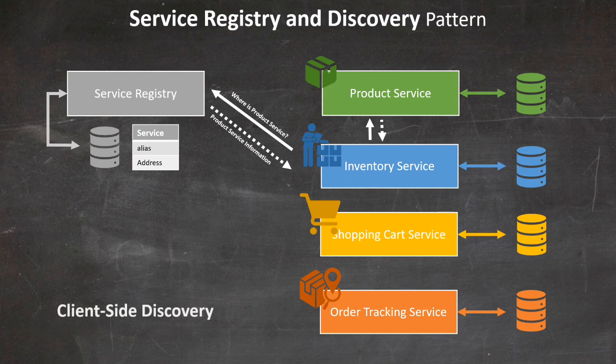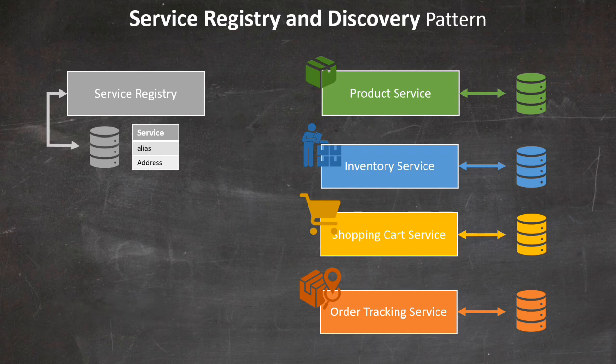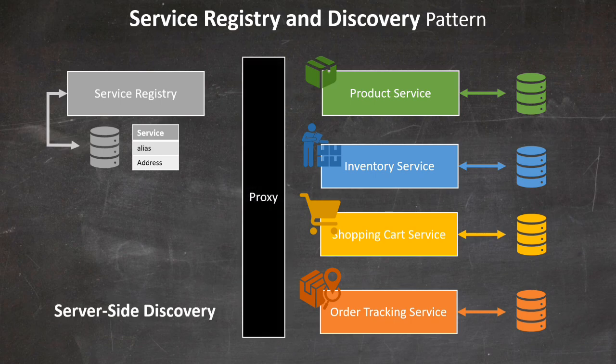This approach is called a client-side discovery. The second alternative is a server-side discovery, which relies on a proxy to assist each microservice to interact with others without having to worry about anything. The proxy fully takes ownership to figure out how to route requests between microservices. Pretty cool, right?